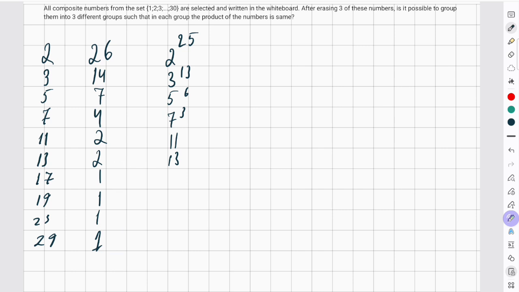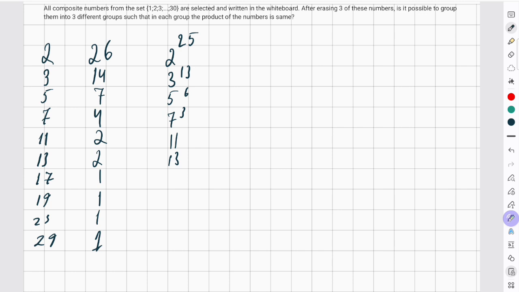Okay, we want to divide these numbers into 3 groups, and each group has the same product. It means that overall we need to find a cubic number.